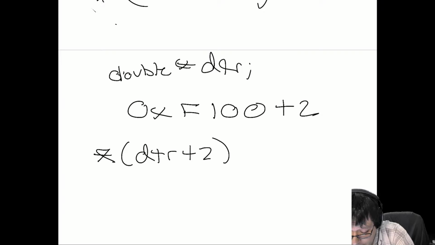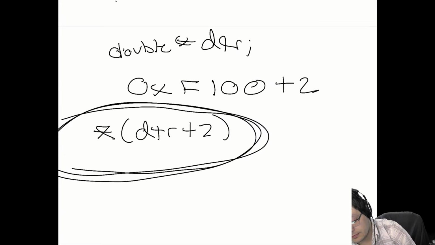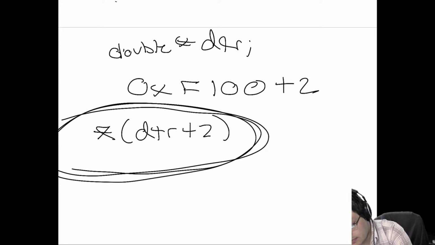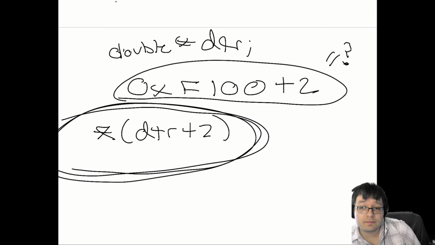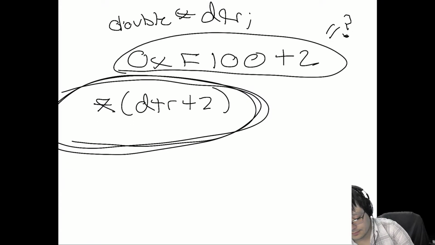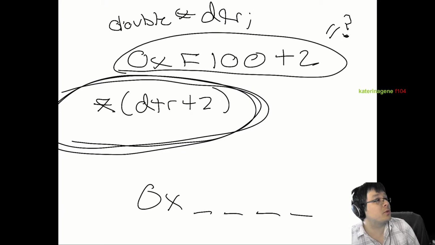What address is that? What is this address going to be now? So basically, what is the result of this? Give you a hint, there's four things in there.